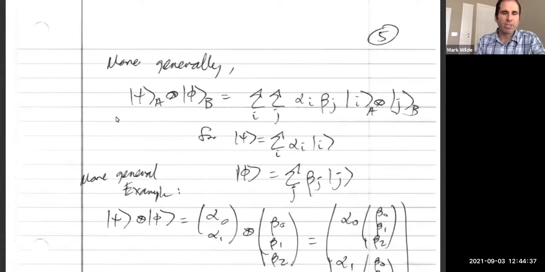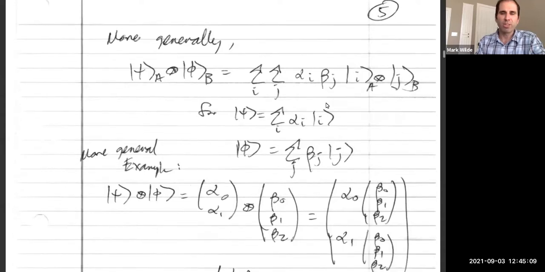Okay, more generally, this is a way you can define the tensor product of two arbitrary vectors. Like we did previously, we can expand psi in terms of alpha i coefficients and phi in terms of beta j coefficients. The tensor product will just be these coefficients multiplying each other for each index, in a linear combination of the tensor products of the standard basis.